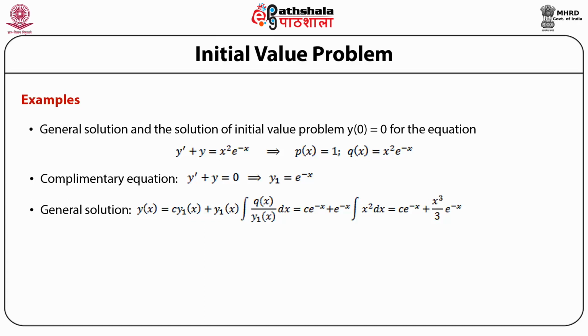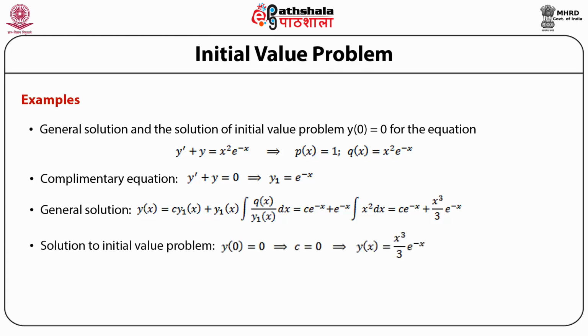Here we have substituted the value of y1 = e raised to the power minus x. On further solving, we obtain y(x) = c times e raised to the power minus x plus x cubed by 3 into e raised to the power minus x.